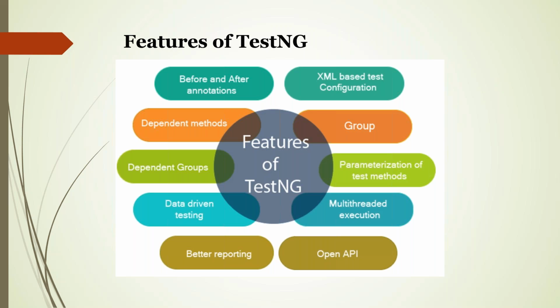Then we have XML based configurations. This is one more thing. We have the testng.xml file in TestNG, in which we pass different parameters like what is the environment, what is the URL I'm going to test, and what are the different parameters.